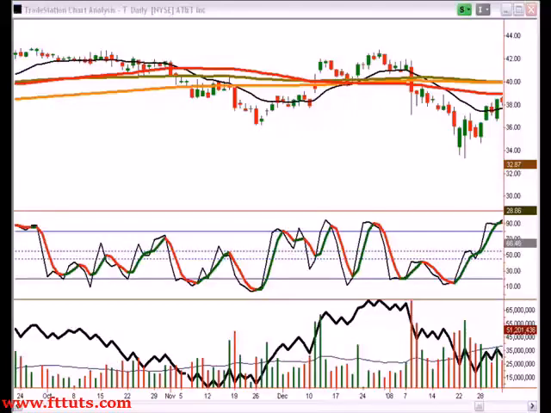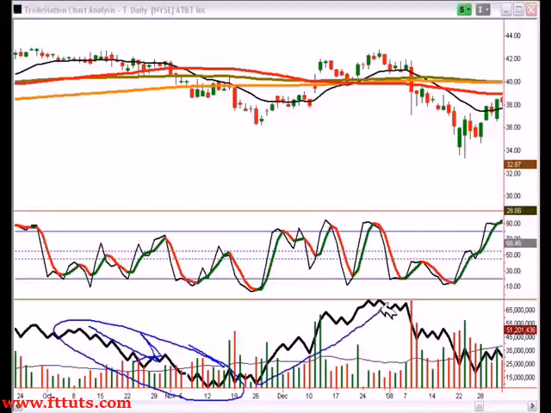So we're looking for more of the bigger directional pattern. Here's the issue: it will go down if there is more volume on bars closing lower than the previous bar's close.